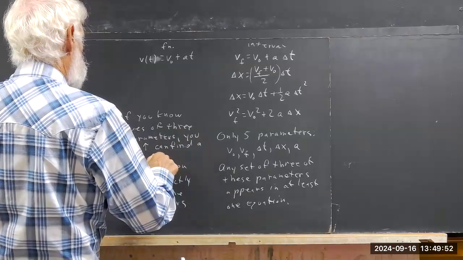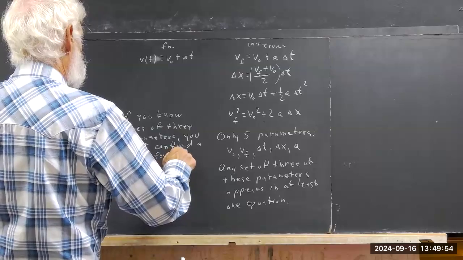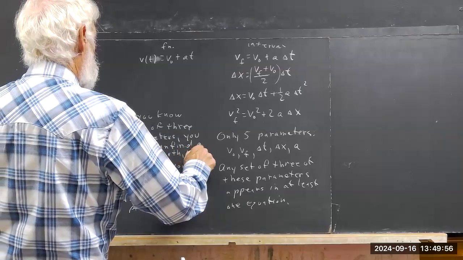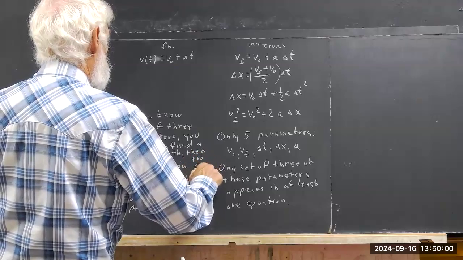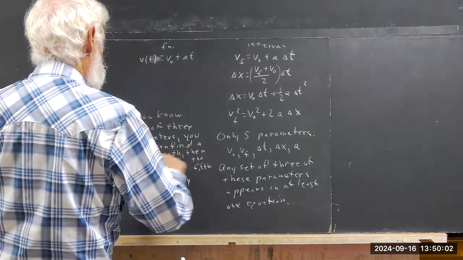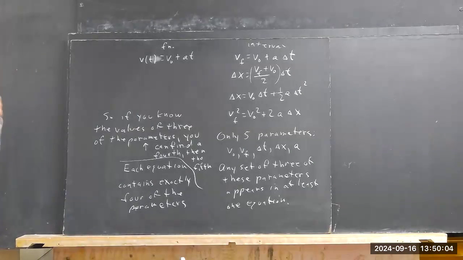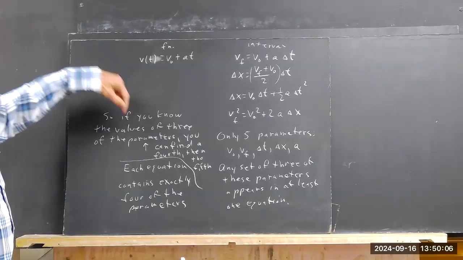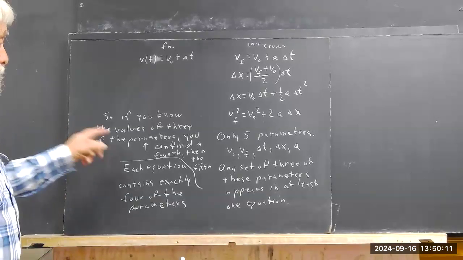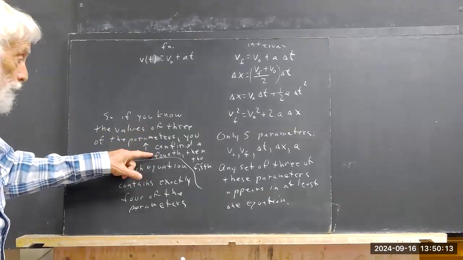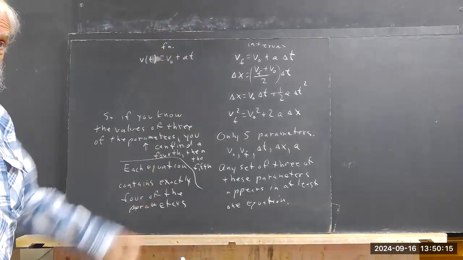I'm writing more than I intended to. Maybe a little hard to read. If you know the values of three of the parameters, you can find the value of a fourth using one of the equations.